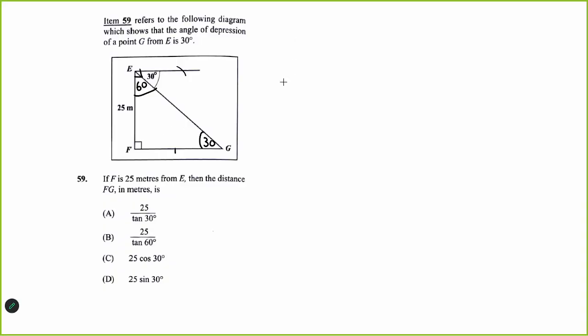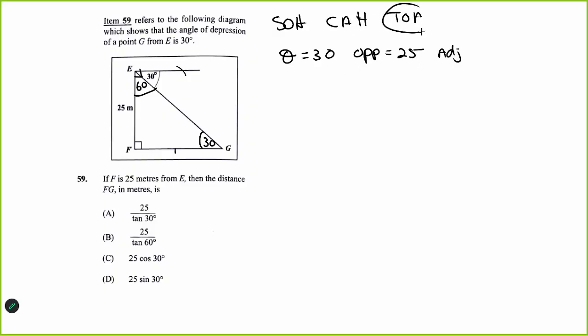So let's use, if theta is 30, your opposite is equal to 25, and you want to find your adjacent. You put SOH CAH TOA. Which one has opposite and adjacent? Tan. So it'll be tan 30 is equal to your opposite, which is 25, over your adjacent, which is FG.